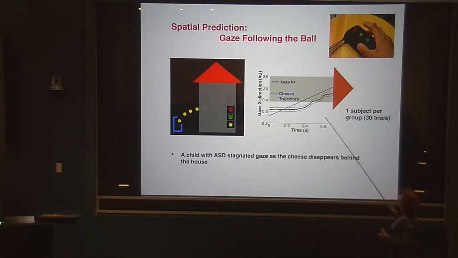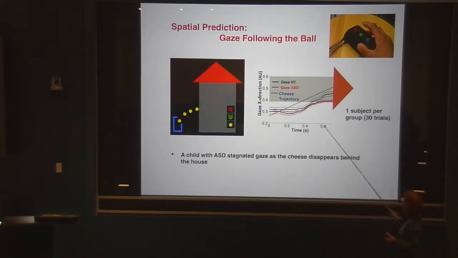And the gaze of a neurotypical child follows, after a while, the ball, even when it is occluded by the house. This is basically the house flipped over because we look at the x direction.